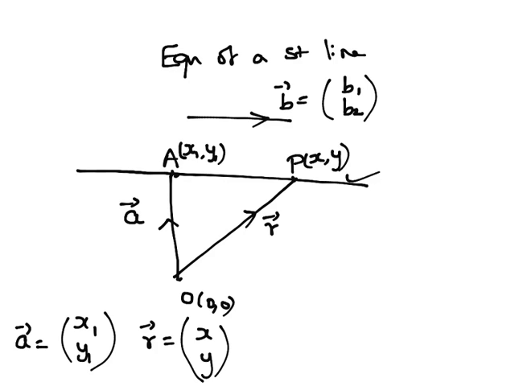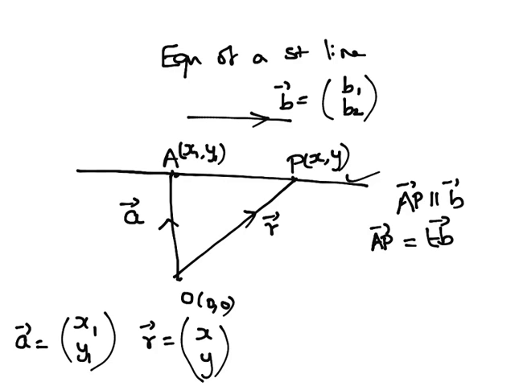So you know that AP vector is parallel to B vector, isn't it? Because this line is parallel to B vector. So AP vector lies on that line, and AP vector is parallel to B vector. And I taught you earlier that if two vectors are parallel, then each vector will be a multiple of another vector. So I can write AP vector as tB vector.